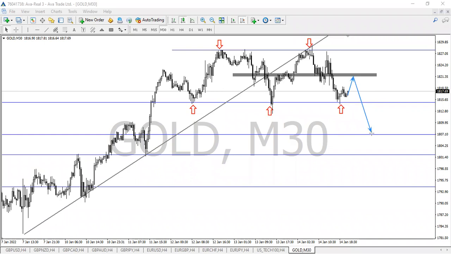We might see something like this, that's if gold managed to change the trend. Why am I saying this is not exactly what gold is going to do? This is because it can always do something like this, just like here.